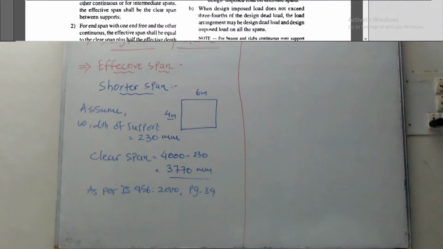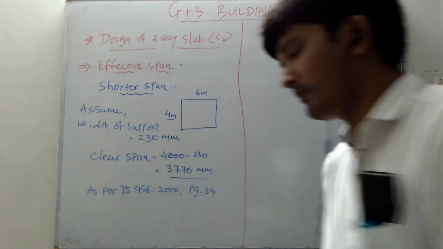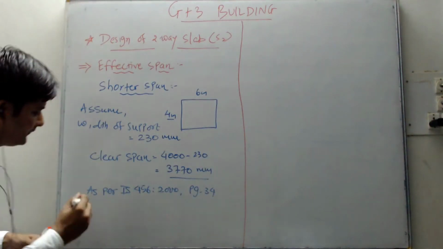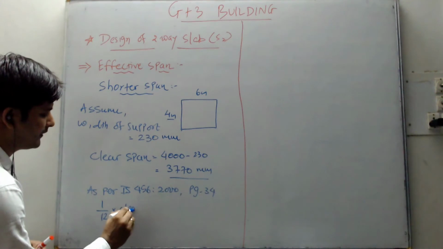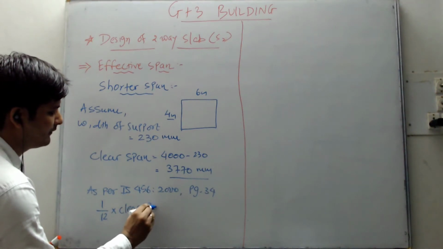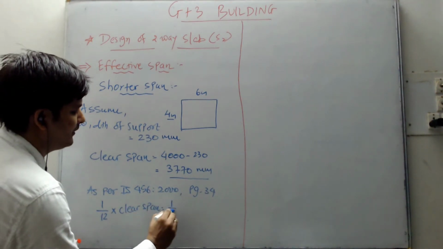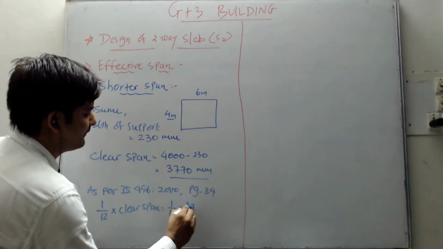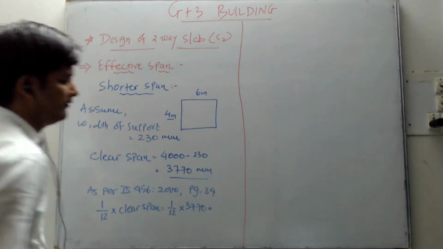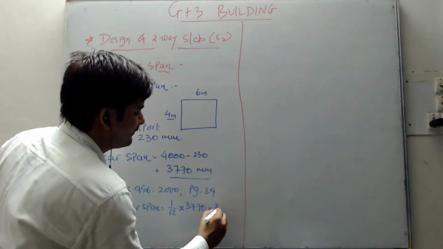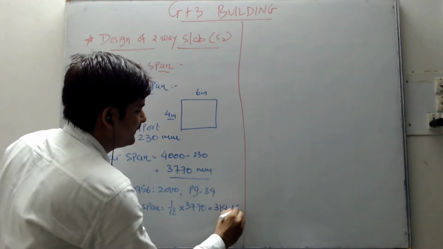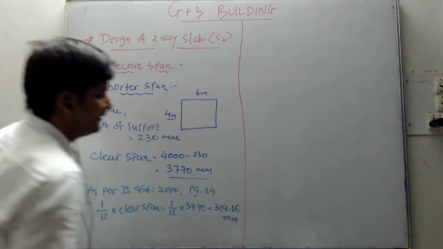So 1/12 multiplied by clear span, which is 1/12 multiplied by 3770. If you calculate, this value comes out to be 314.16 mm.